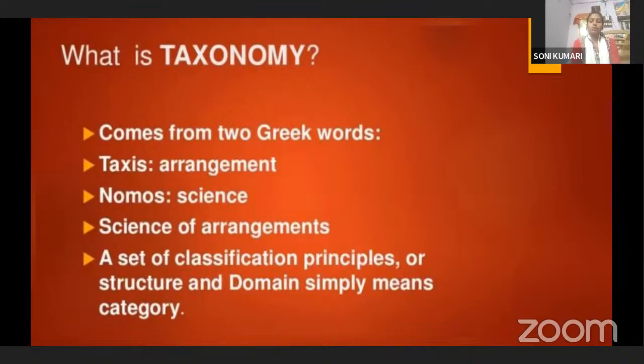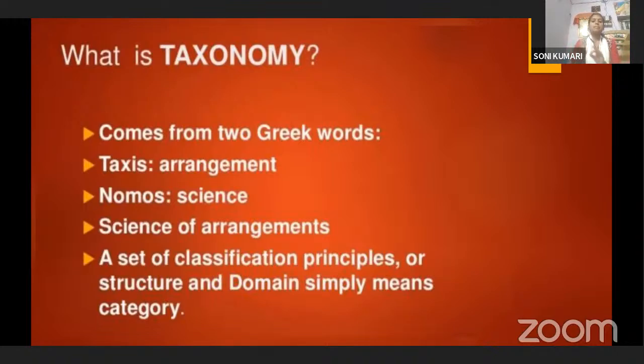Or we can also say it is a set of classification principles or a structure. Overall, the scientific process of arranging things into groups is known as taxonomy.